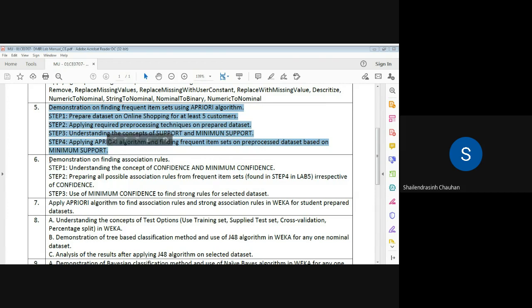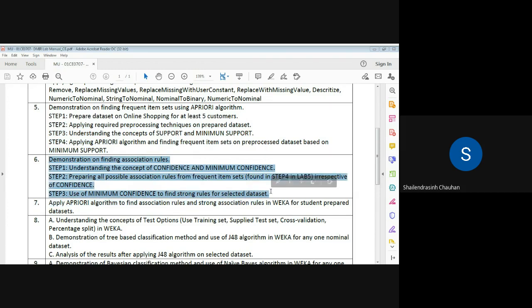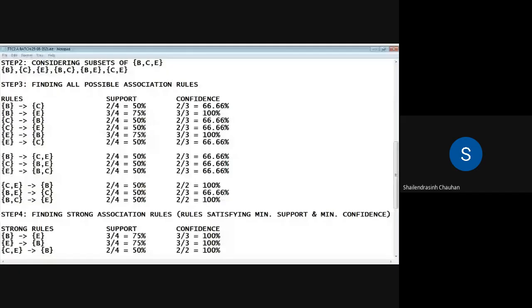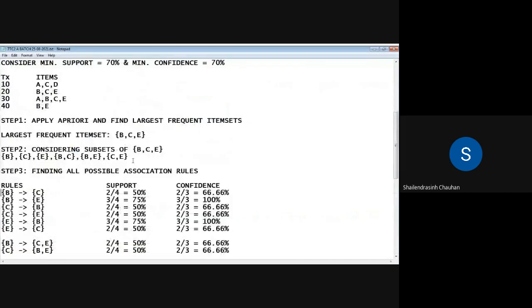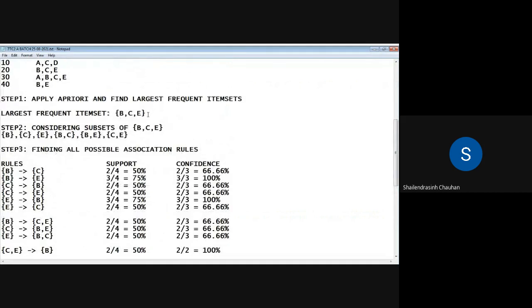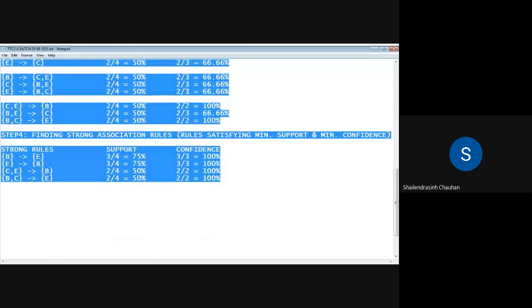Now, one more thing regarding this sixth one. Here, we have only one largest frequent item set, BCE. And that's why the steps that we have performed are all for BCE only.